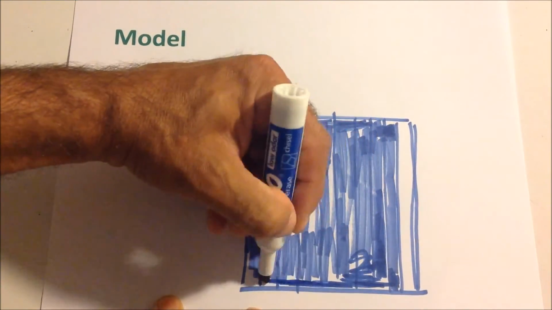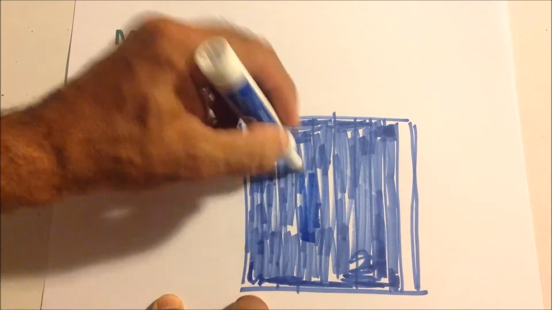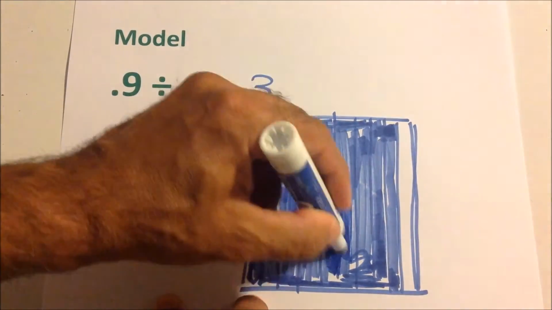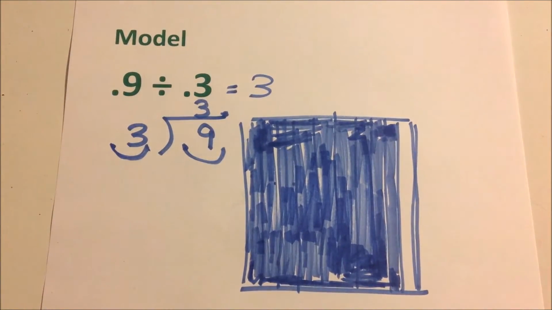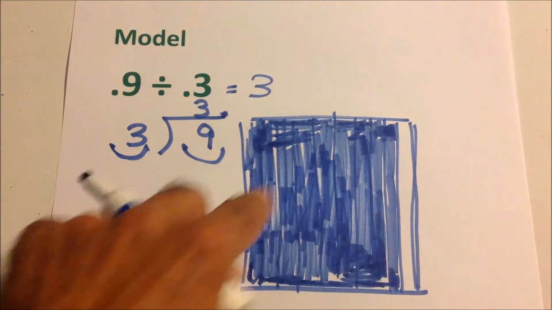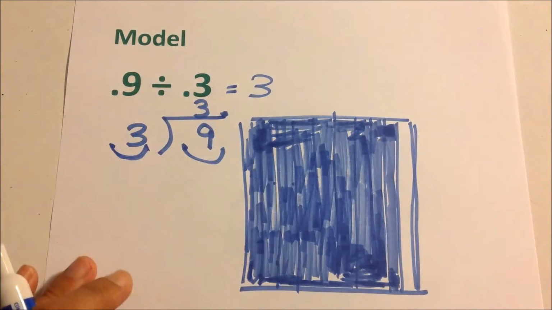Okay, that's good enough. It's a little sloppy, but that's 0.9, because 9 of them are filled and 1 is empty.